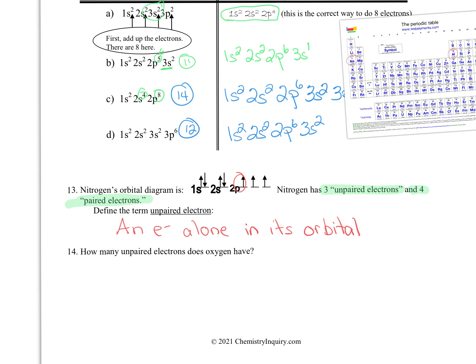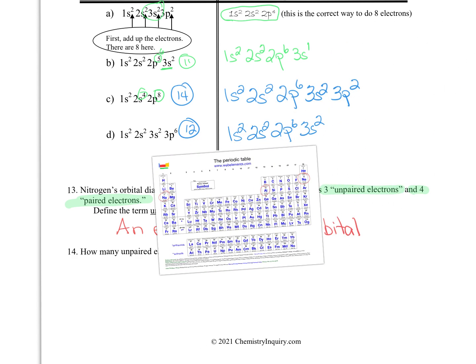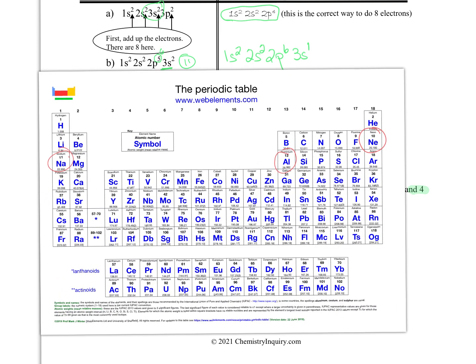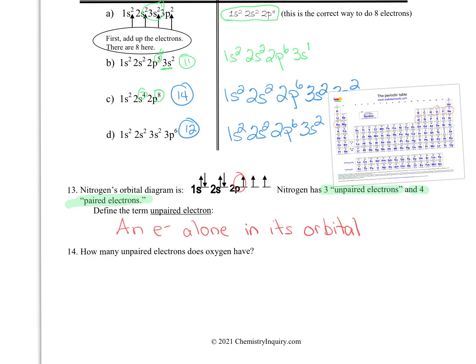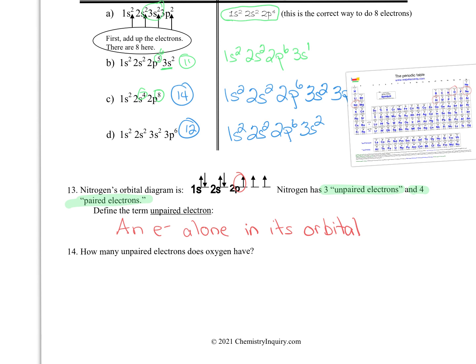All right, in question 14, how many unpaired electrons does oxygen have? Well, in order to do that, we're going to have to do the orbital electron configuration. So oxygen, let's pull up our periodic table. Oxygen has 8 electrons. So let's do an orbital electron configuration.